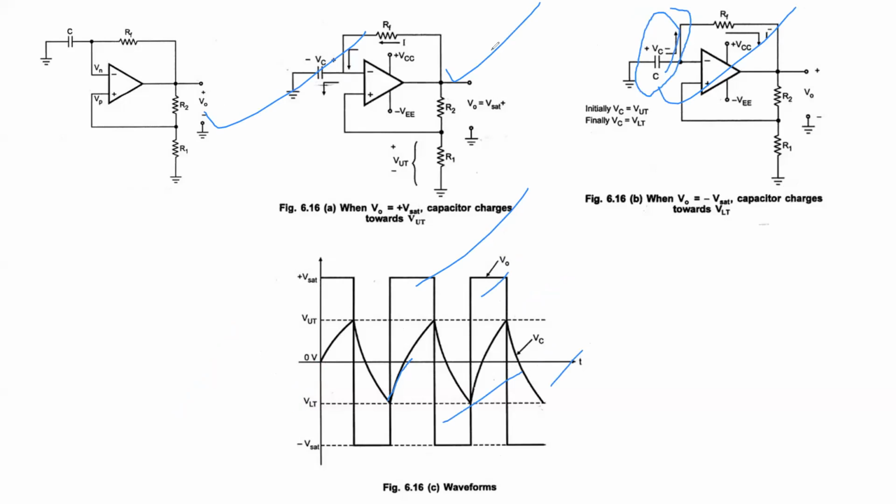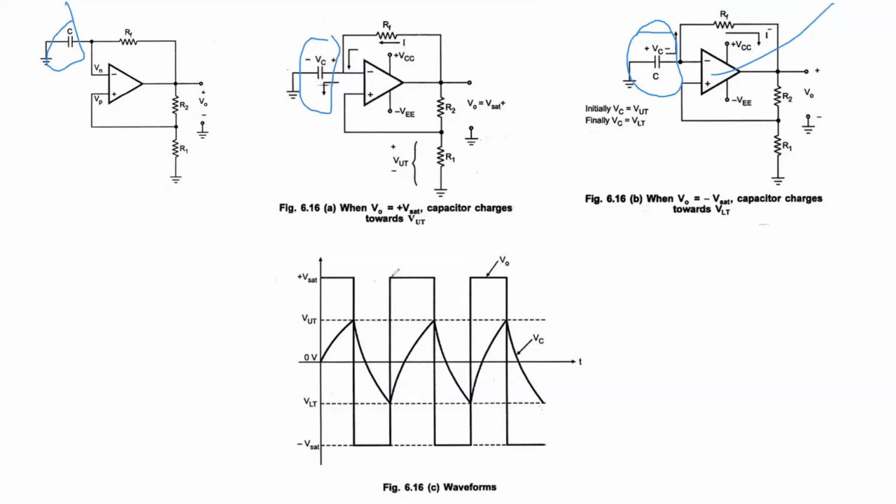The capacitor generates internal triggering to your op amp to change the state from plus Vsat to minus Vsat and minus Vsat to plus Vsat. Is it clear? Then we'll move to the derivation part.